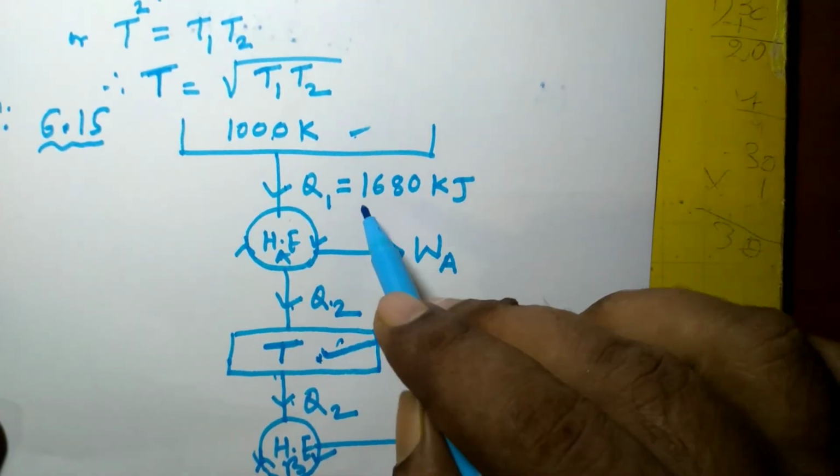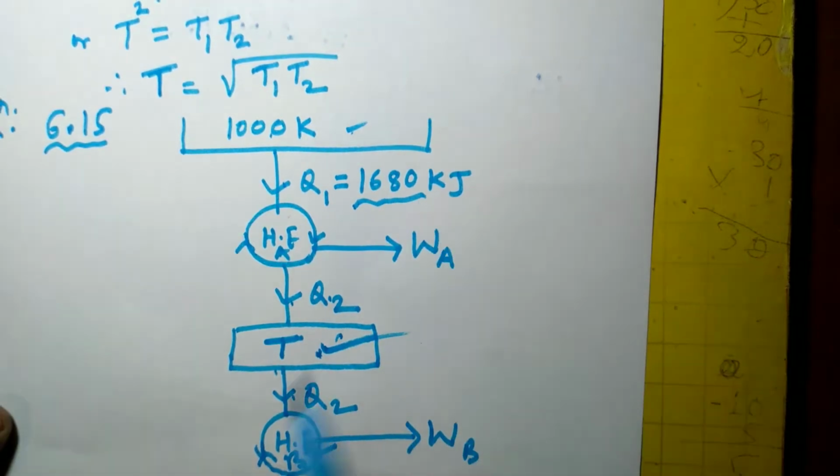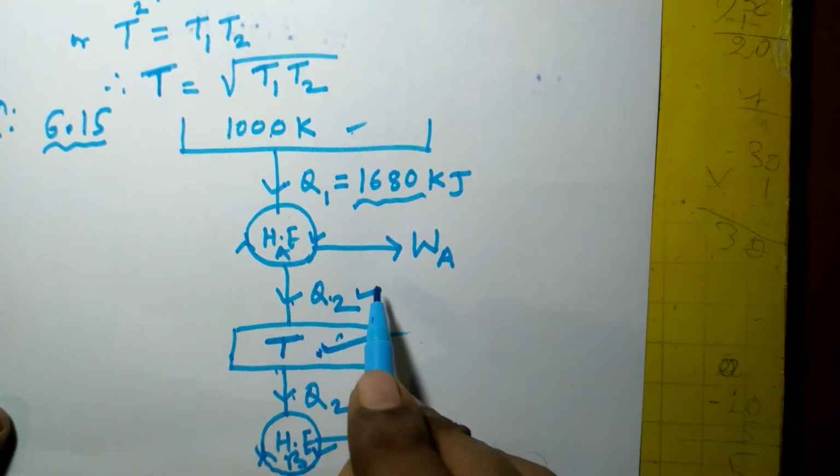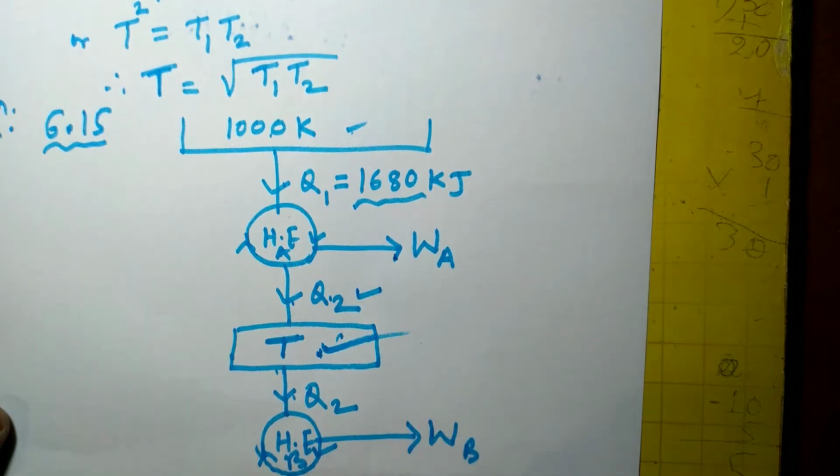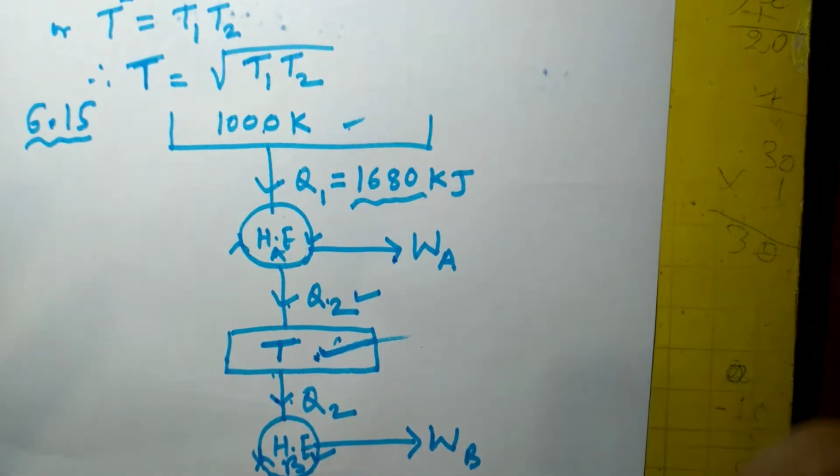For finding WA, we have already got Q1. Q1 is given. If I can find out Q2, then I will be able to find out WA. And Q3 has already been calculated. So if I can find out Q2, all my questions will be solved.